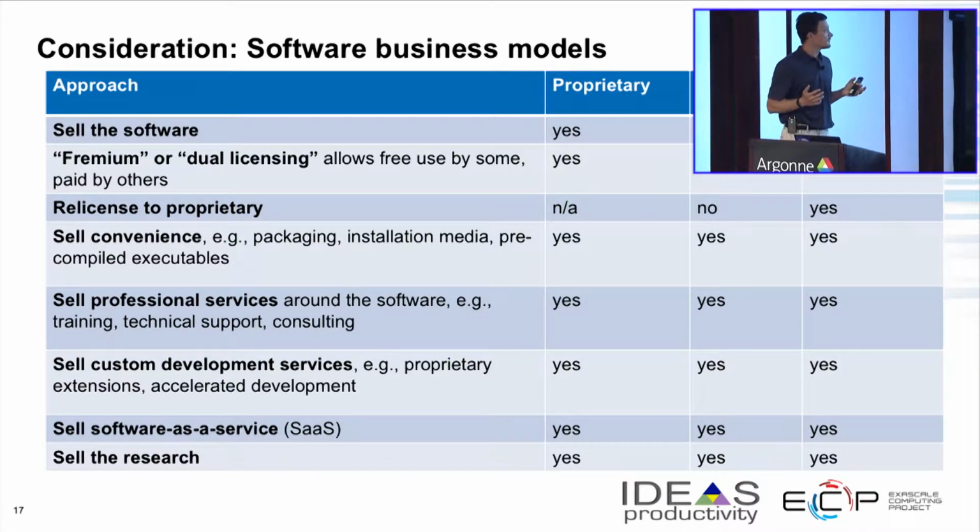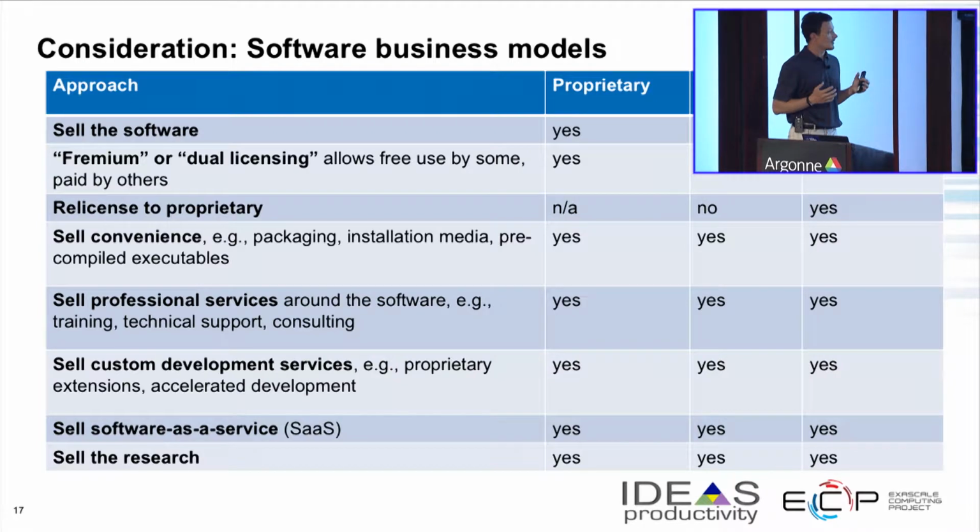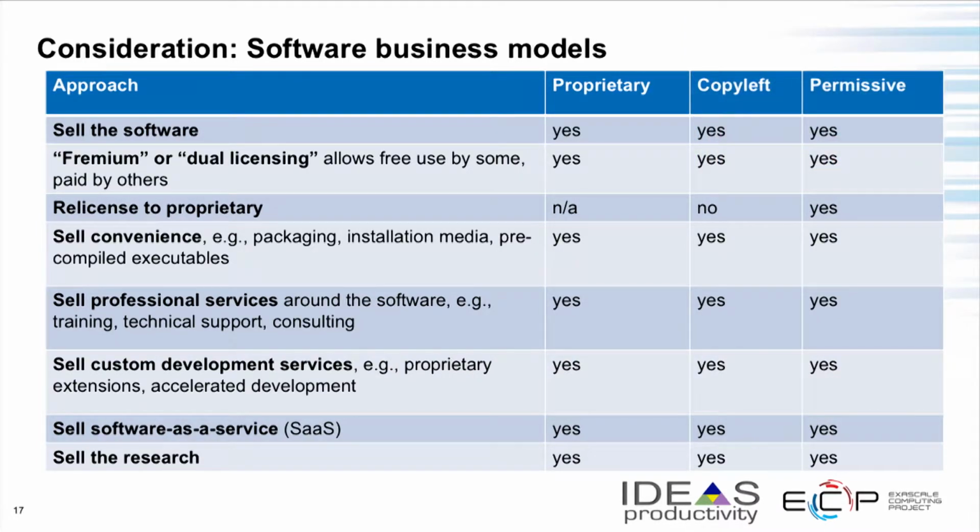So sometimes people misinterpret free in free software, as I said before, as far as being able to charge for it, being able to make money from it, being able to sell the software. We're looking here at the differences between proprietary, copyleft, and permissive.